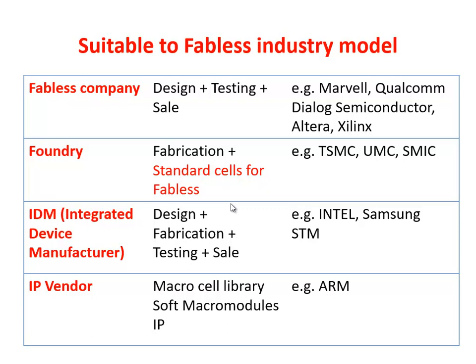Of course, there is also the other option, which was the most common once, and is now also present, even if it's not the typical situation: the so-called IDM, the integrated device manufacturer, which is a company that does everything inside. So it does design, then the fabrication, then the testing, and also the sales.